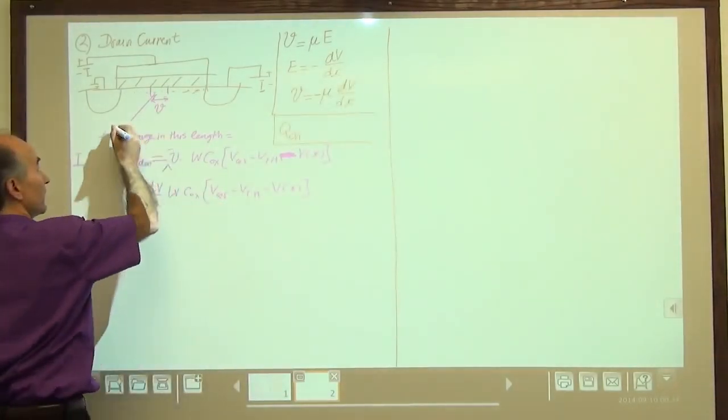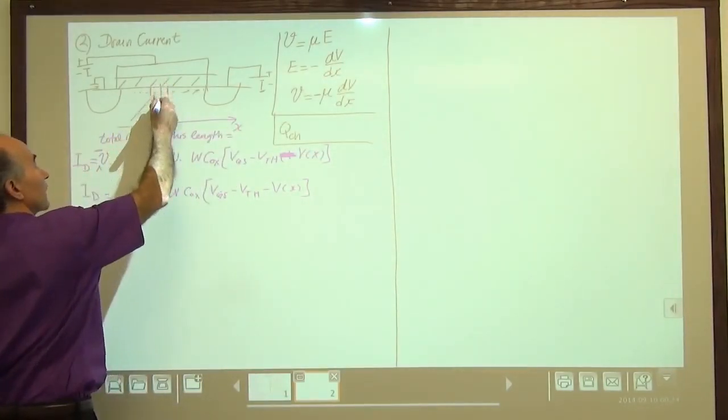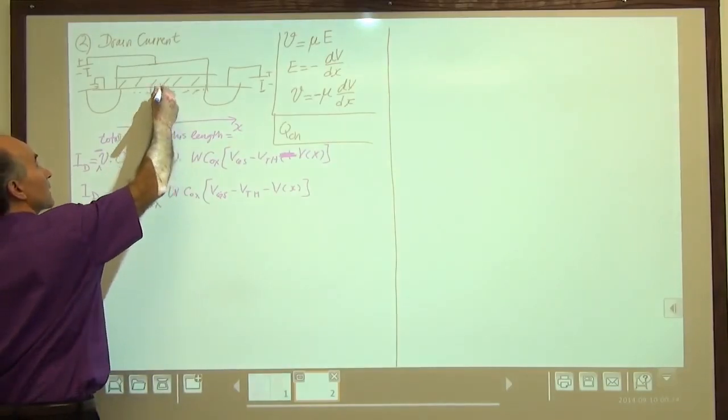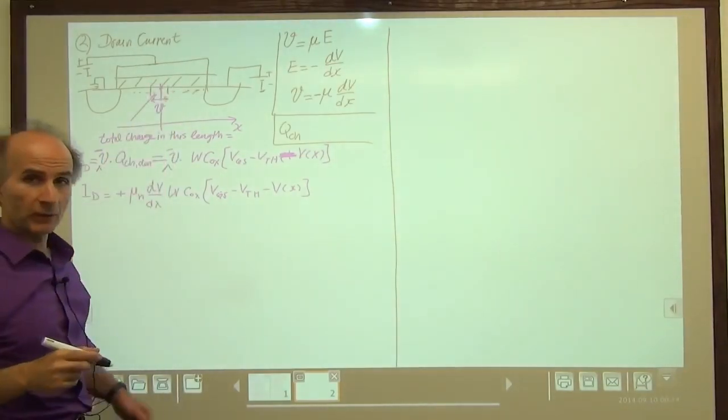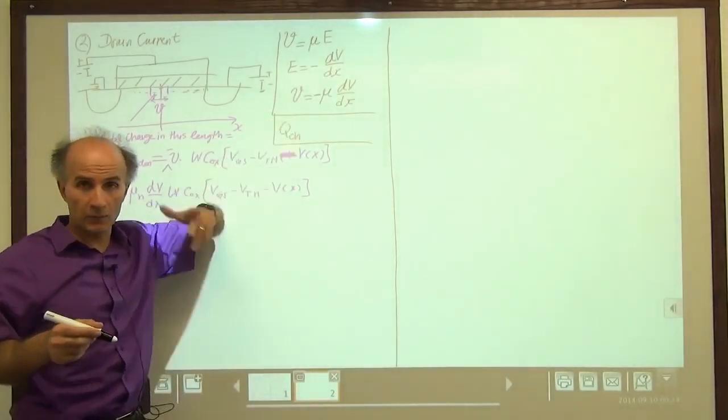And again, remember, V of x is the internal channel voltage at some point. So this might be right here. At this point, it would be V of x. And I hope you're not confusing capital V, which means voltage, with lowercase v, which means velocity.